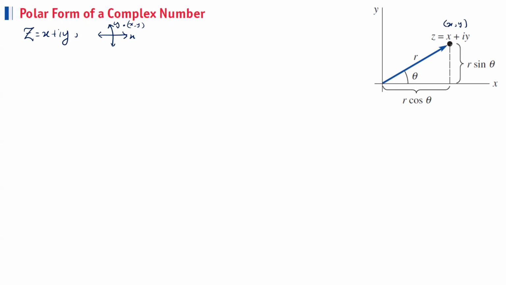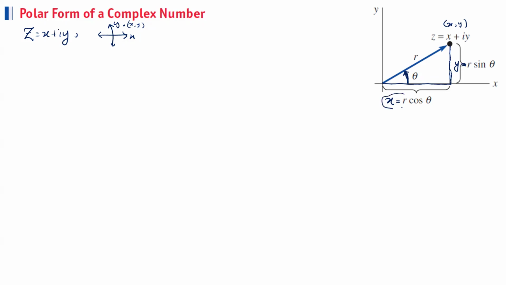If I draw a perpendicular from this point to the x-axis, I get this side, which is x, and this is equal to r cos theta, where theta is the angle with the positive x-axis. Then the distance on the y-axis from my point is y, and this y is equal to r sin theta.